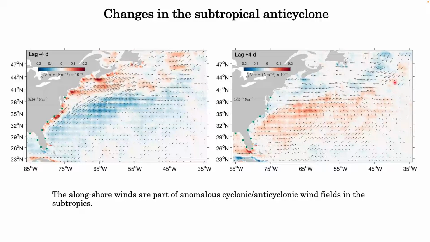And then the longshore winds, it looks like longshore winds correspond with these anomalous cyclonic and anticyclonic winds over the subtropics.